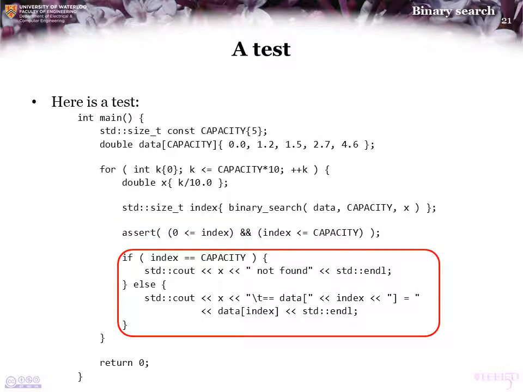Now, if the value returned by binary search is equal to capacity, I will just indicate that x is not found. Otherwise, I will indicate that x is at data with the specified index, and I will also print out what is at that index. All right, let's check that out.